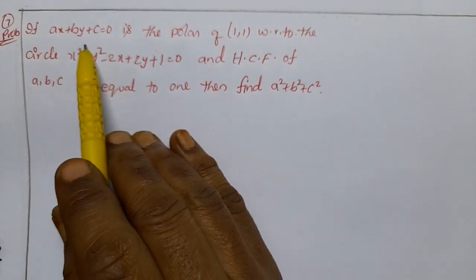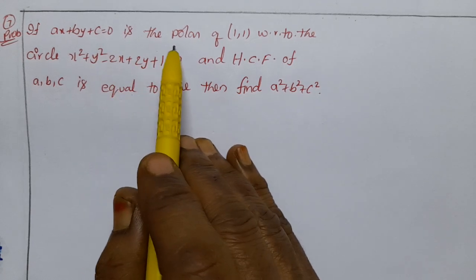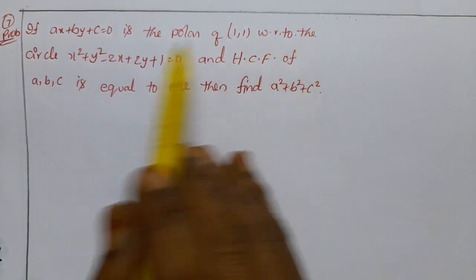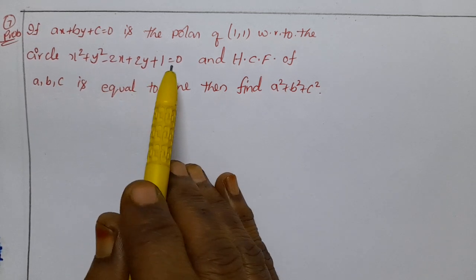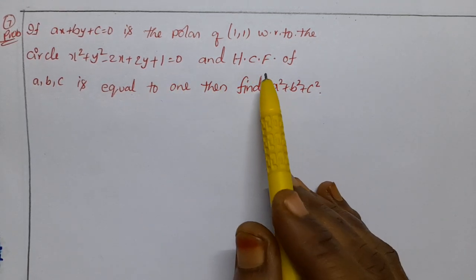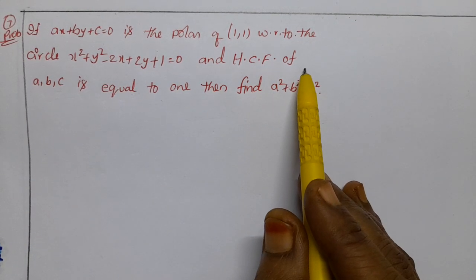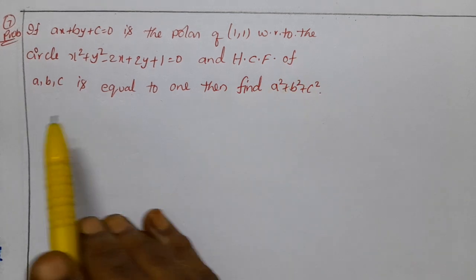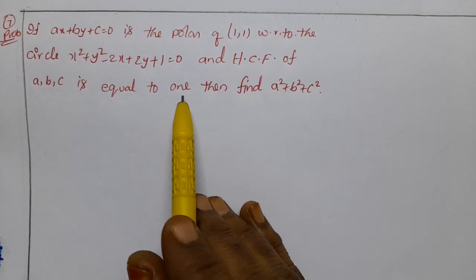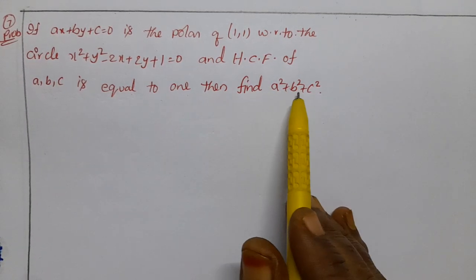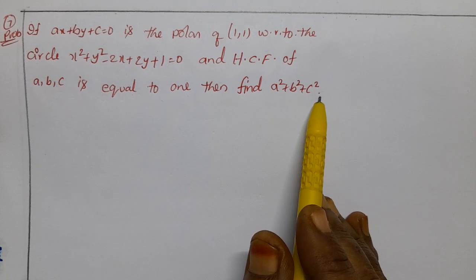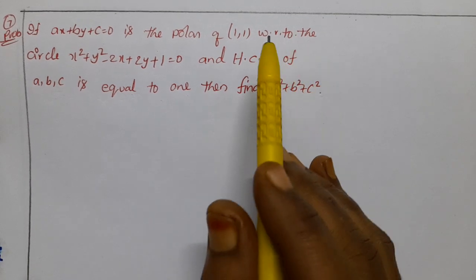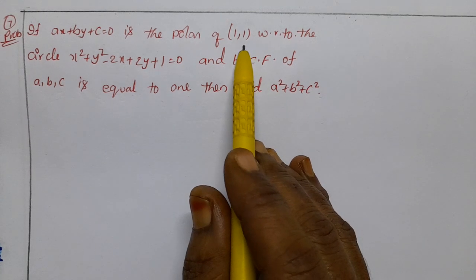If ax + by + c = 0 is the polar of (1, 1) with respect to the circle x² + y² − 2x + 2y + 1 = 0, and the HCF, highest common factor, of a, b, c is 1, then find a² + b² + c². Now we have to calculate the polar of (1, 1).